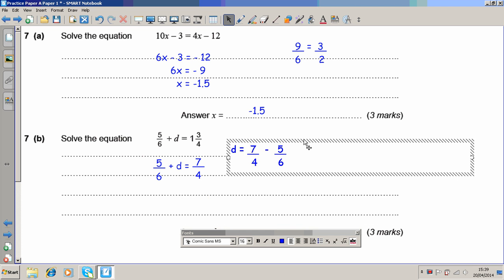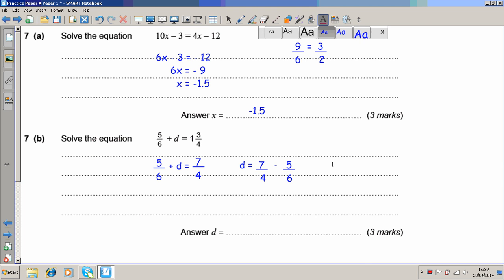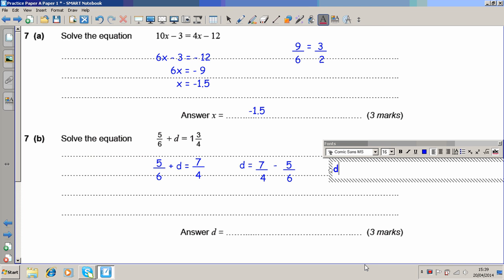So now I've just got a fraction question. I'm just going to move that up there, so I've got myself a bit of room to work with. So how do I work that out? Well, if we make them common denominator over 12, that would be the easiest way. So 7 over 4 is the same as 21 over 12.